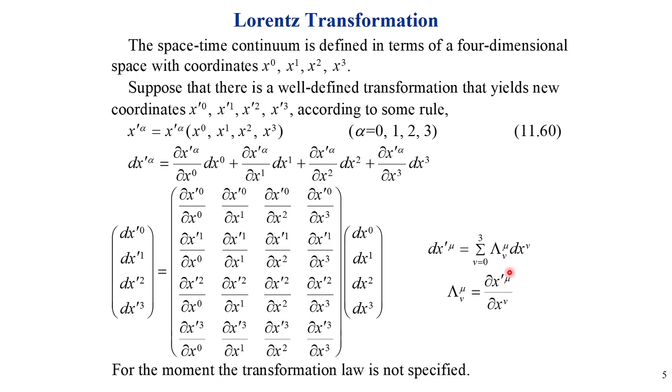One is up, the other is also up, but remember one is in the numerator and the other is in the denominator. So we change the numerator into a superscript and the denominator into a subscript: one up, the other down. So this is the notation for the transformation. For the moment, the transformation law is not specified. We don't know what it looks like.